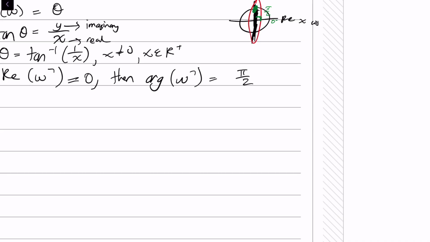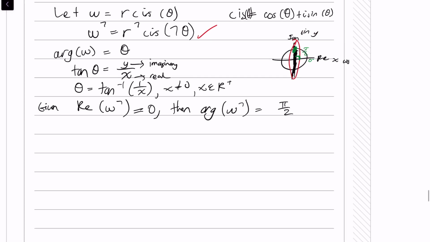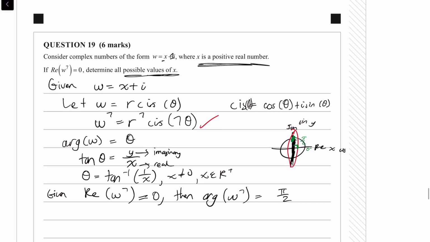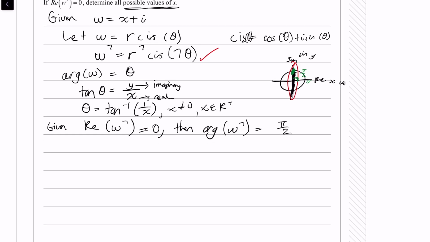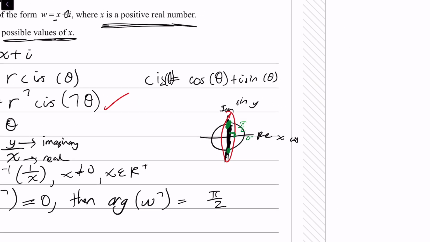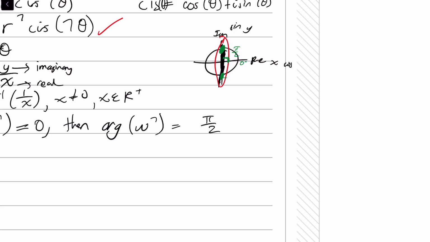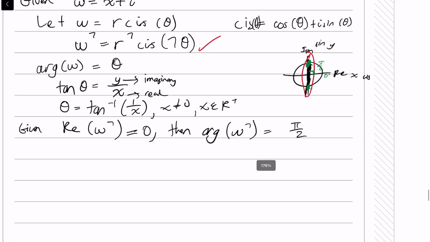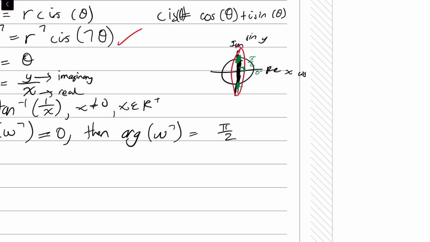However, I need to remember that because I have raised my power to 7, I can also be down here as well, and then I can be up here again, and up here and down here. So I need to consider all the possible values. There would be around maybe 7 of them because I'm raising it to the power of 7. And eventually I know that I will be dividing by 7 for the angles and getting my possible values for x essentially from there. Okay.